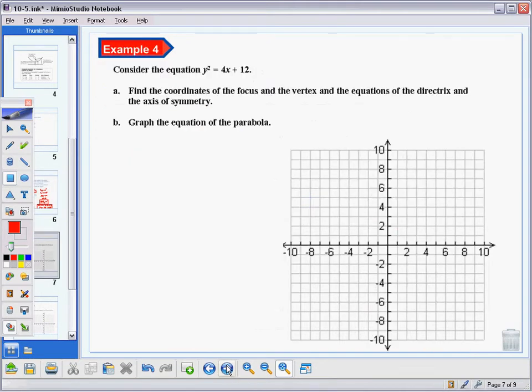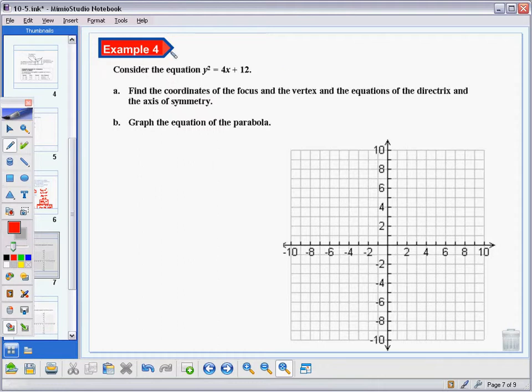Next we're going to take and shift a parabola around the coordinate plane. So as I look at the given equation, I notice that it's not just y squared equals 4px. I've got some other stuff in here. And since it's y squared though, I know that this is going to be a horizontally opening parabola.